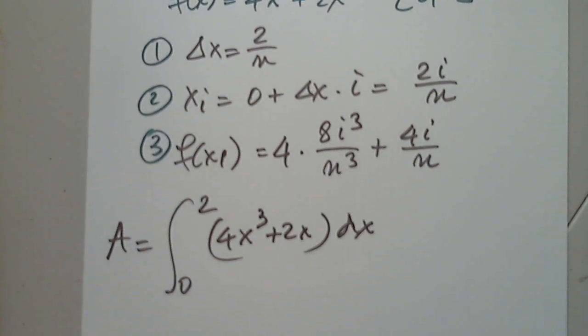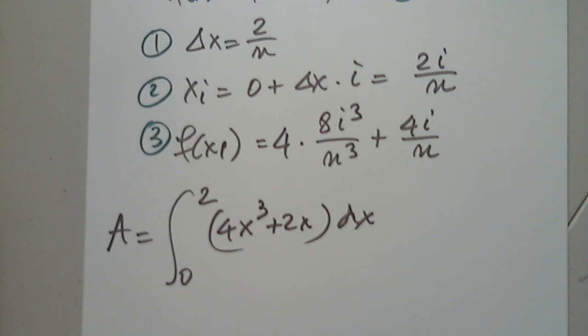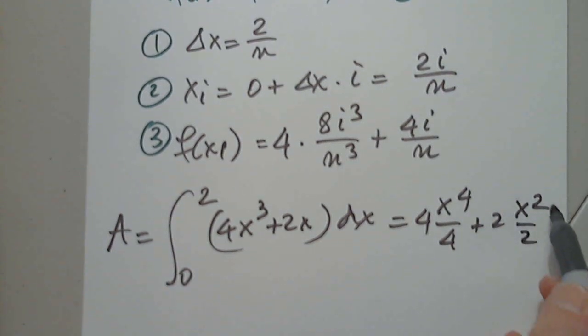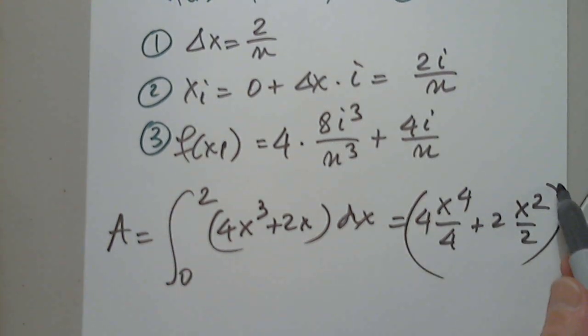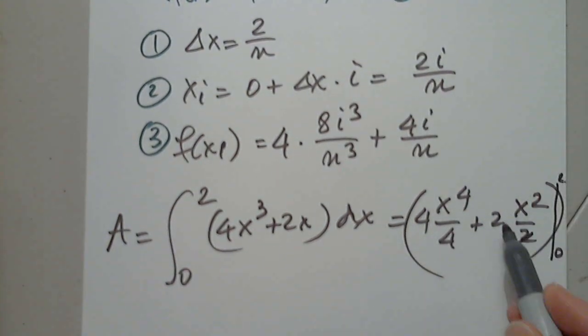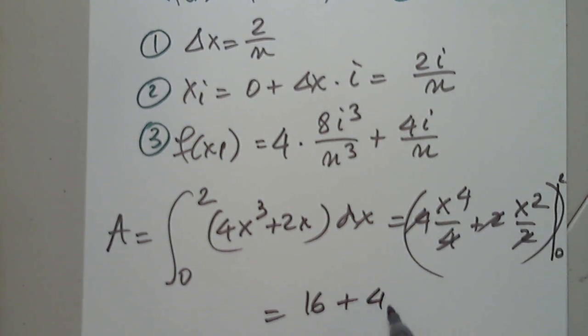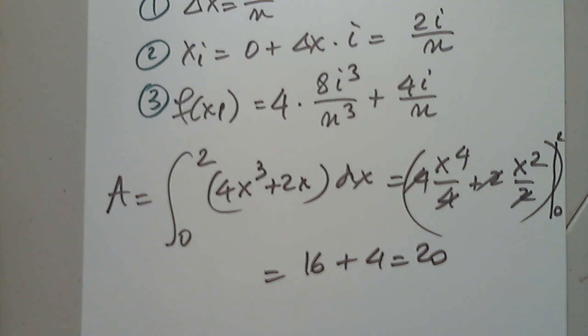You should always do this. It will ask you to find it first, so you know what to expect. x to the fourth over 4 plus 2x squared over 2 from 0 to 2. I plug in 2: 16 plus 4. The answer should be 20.